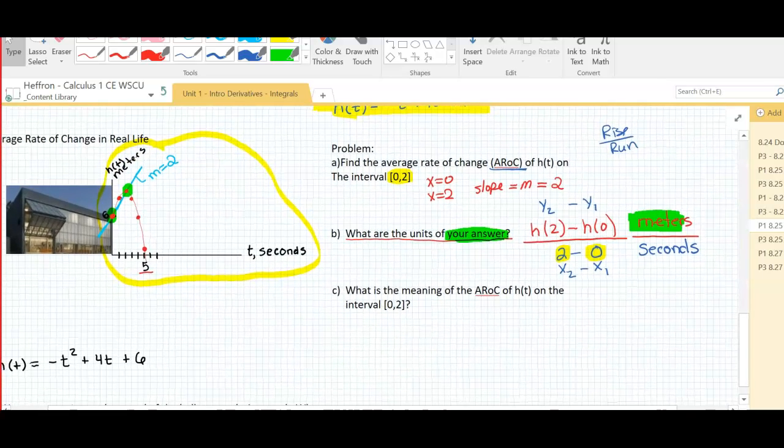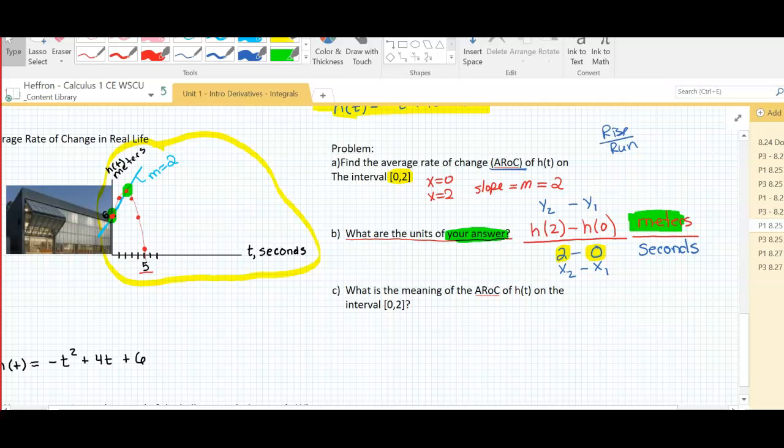Okay? And so we're starting to really get into calculus now. What does meters per second really represent? If I tell you meters per second, what's another thing that has similar units as meters per second? Like when you drive in the car, what does the speedometer measure? 50 miles per hour, right?